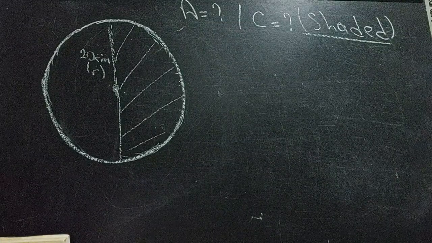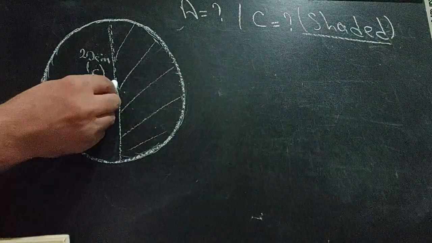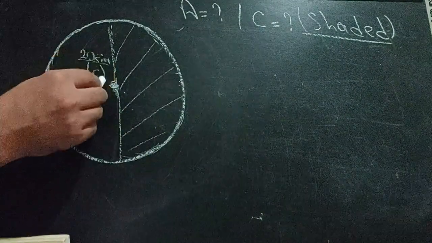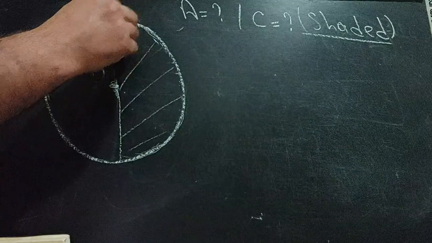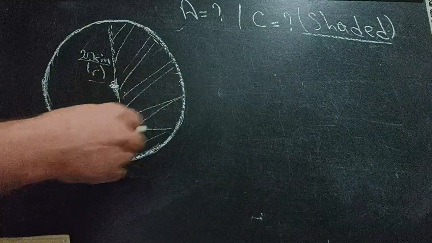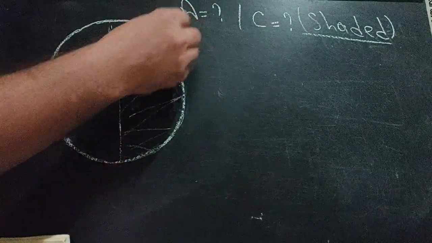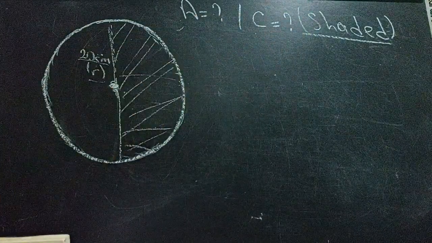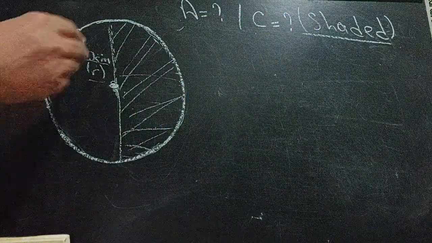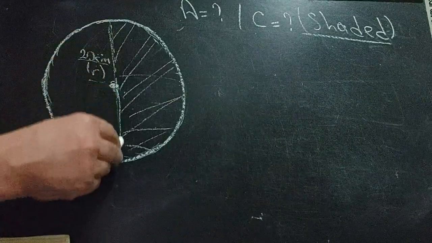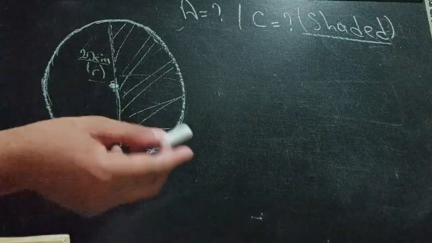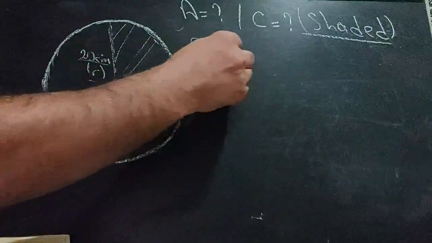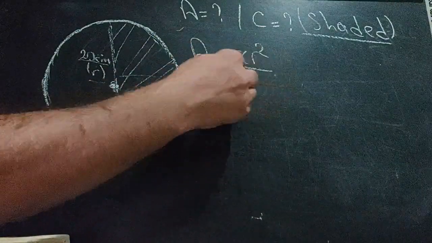Alright, my next question is that radius of the circle is 20 centimeter, and the shaded area, shaded region. What is the area of shaded region and circumference of shaded region? So as you see, this is exactly half of the circle. So what I need to do is that I'm just going to divide the formula of circle by 2.